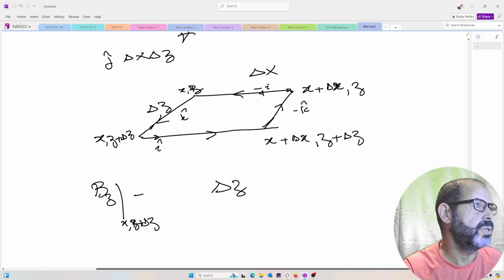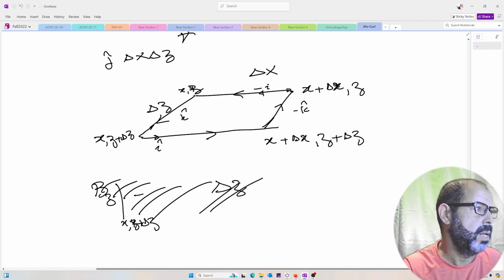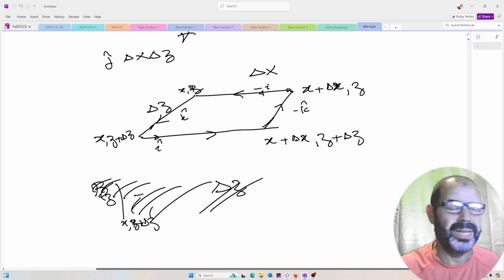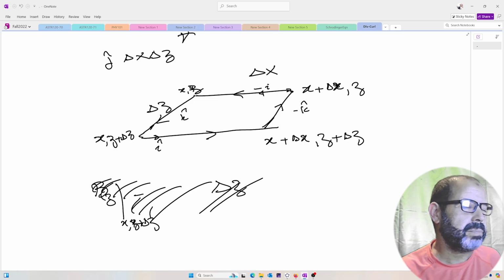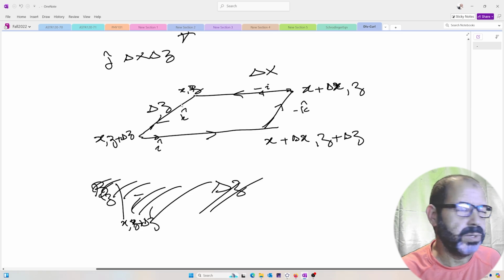is it going to be a minus or not? Let me make sure I have this statement correct, okay? So on this side, we're dealing with the component bz, okay?